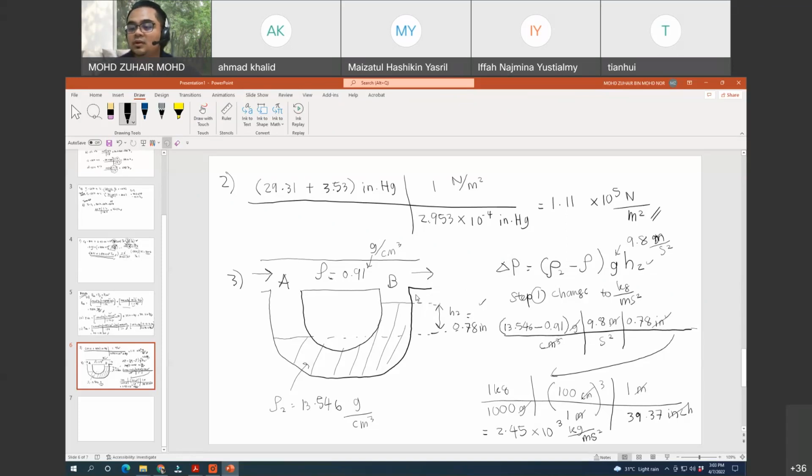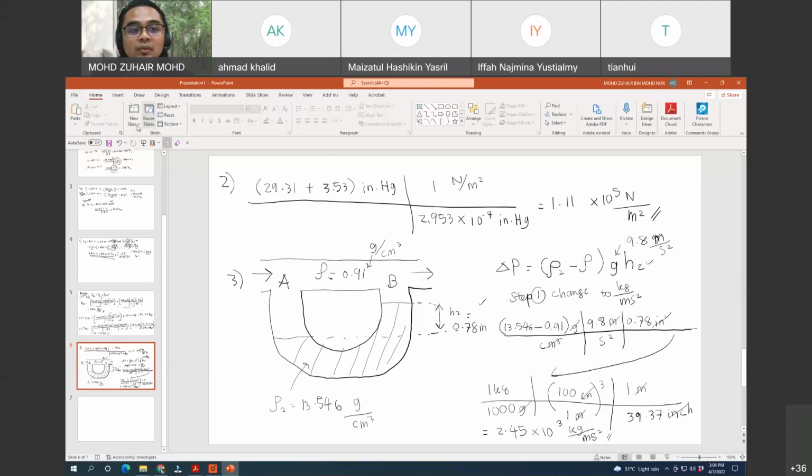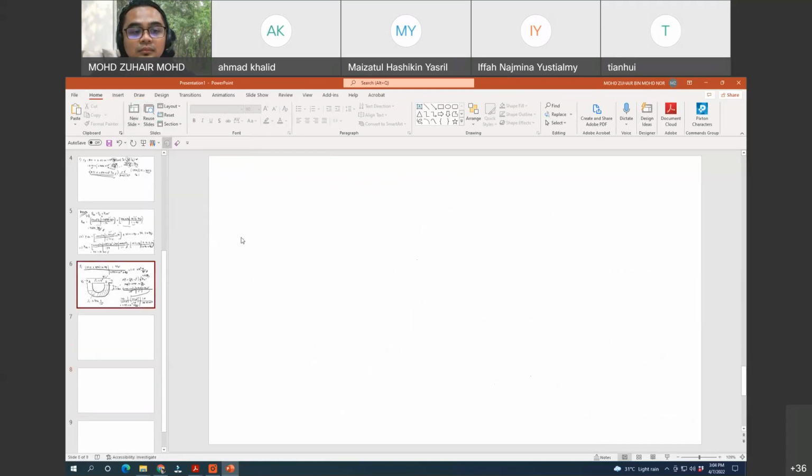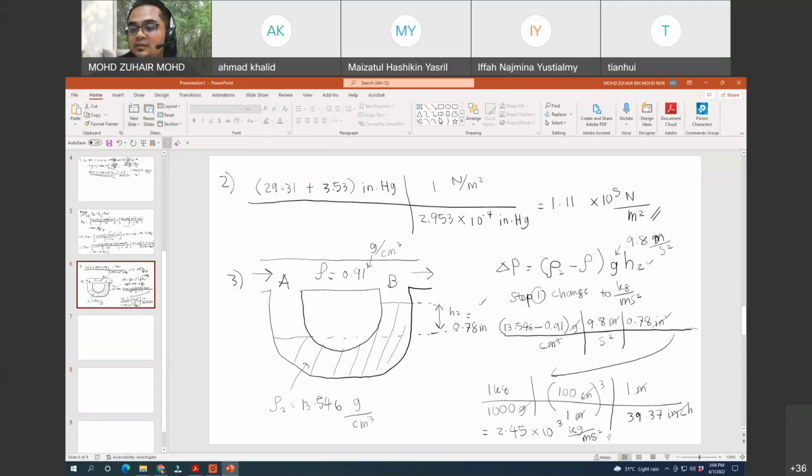So, we are going to get something like this at the end. So, this is the first step. But the question asked to change to millimeter mercury, not in kg over m s power of 2. So we need to do the second step.